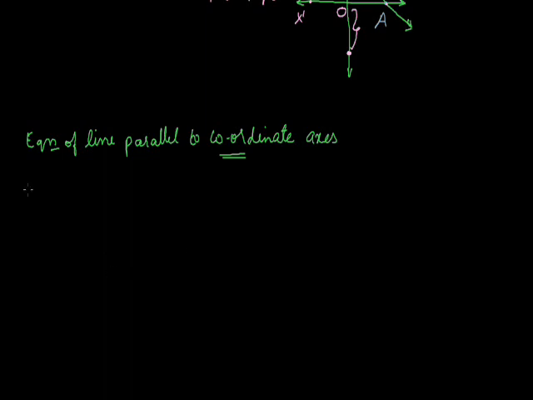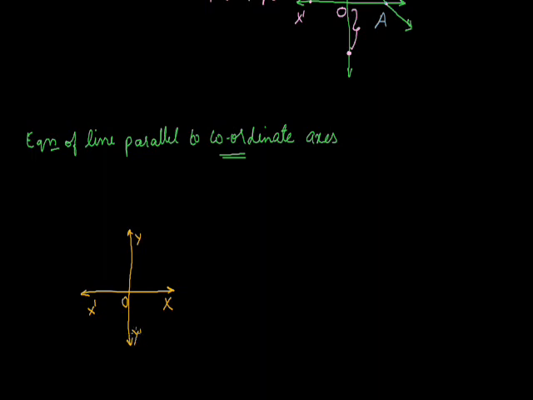So I'll first draw our axis. This is our x-axis and this is our y-axis. This is the positive direction of x-axis. This is the intersection point of the coordinate axis, which is known as origin, and this is the negative direction of x-axis. Upwards is the positive direction of y-axis and downwards is the negative direction of y-axis.